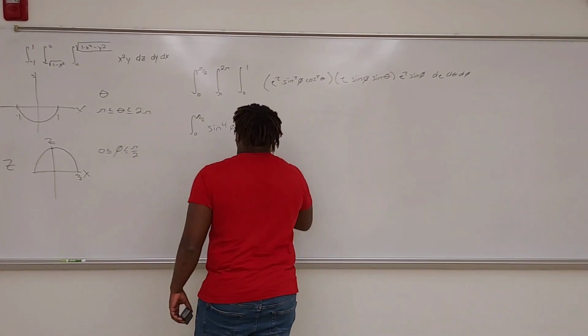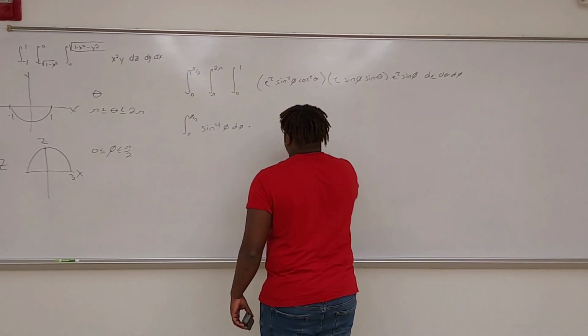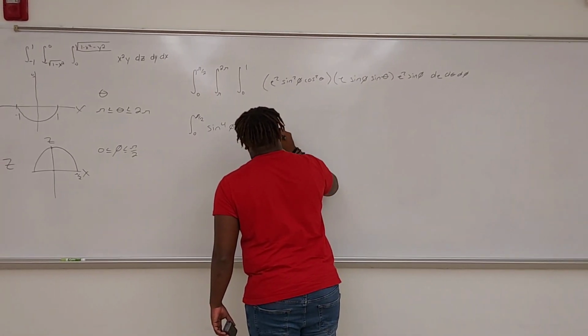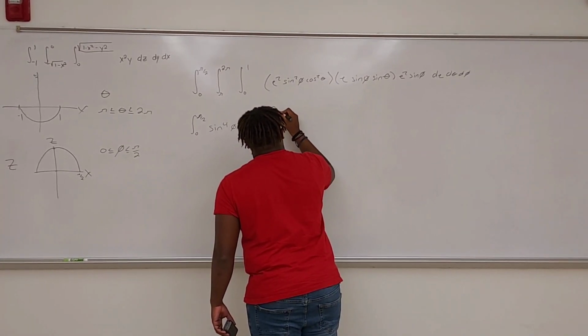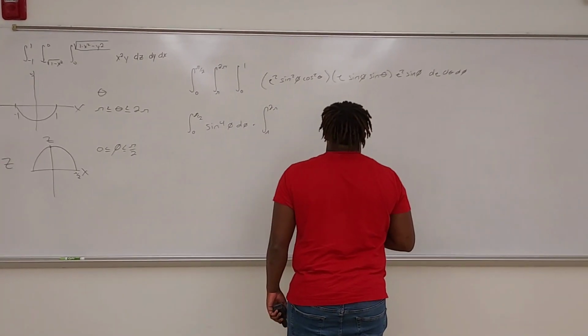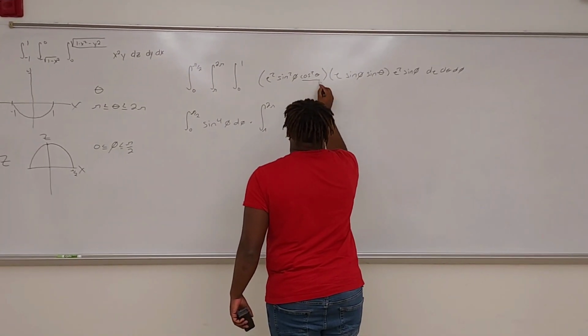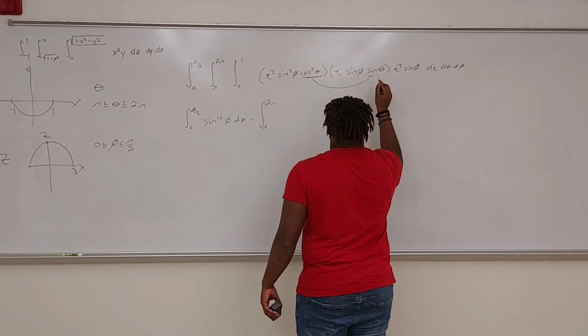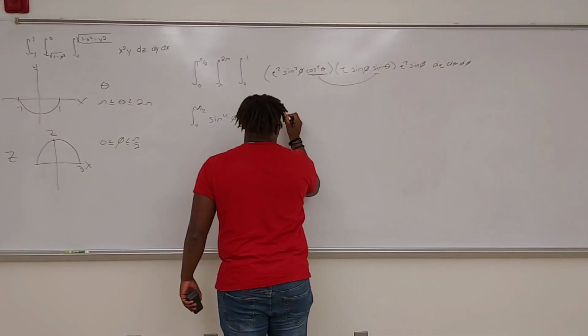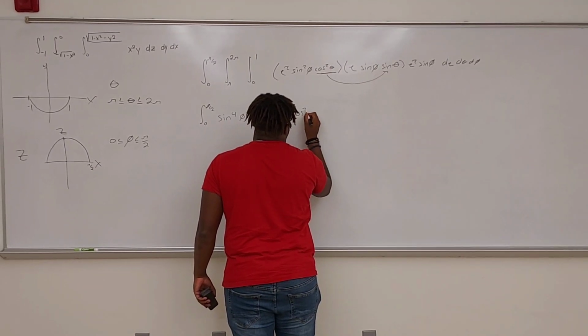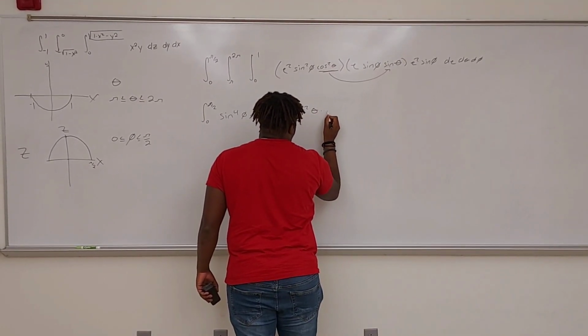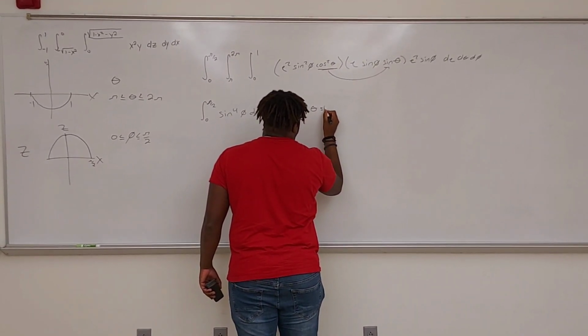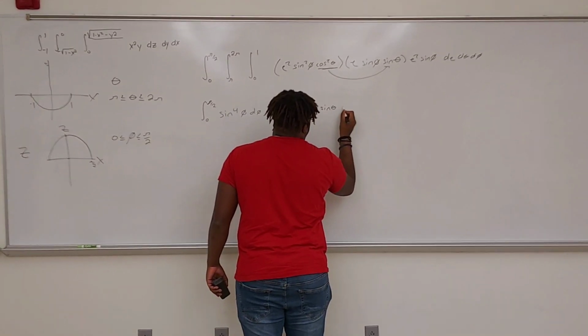Then we take the second one, which is pi to 2 pi, and this will be for theta, and this will equal cosine theta times cosine squared theta times sine theta, which will be this. d theta.